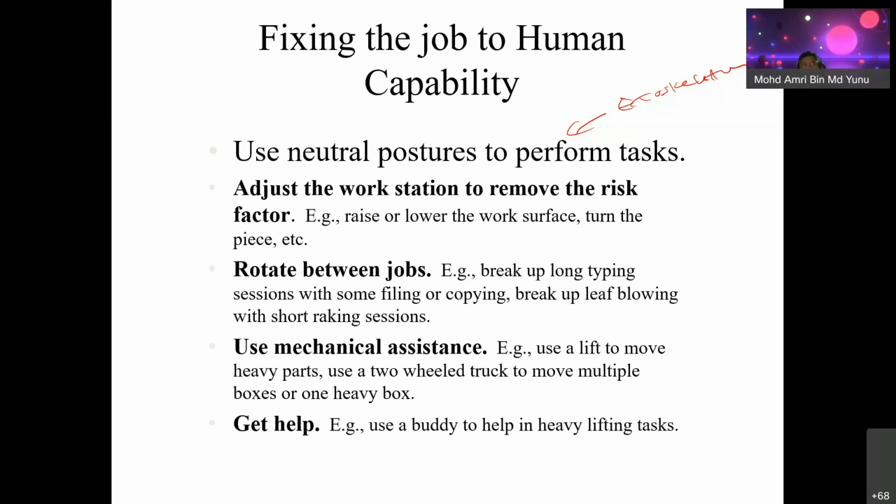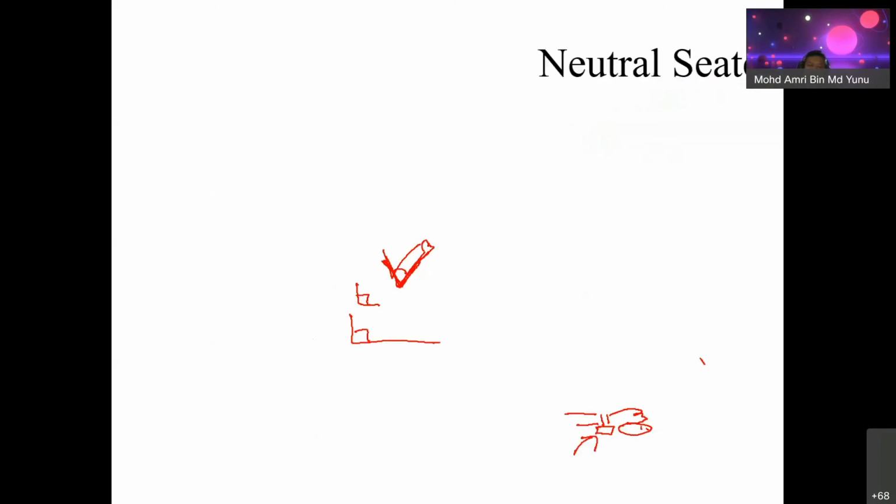Companies can also use a moving crane on the top. Every time workers want to move an item, they can tie the item and the crane can move it. The crane can be motorized. That's an example.